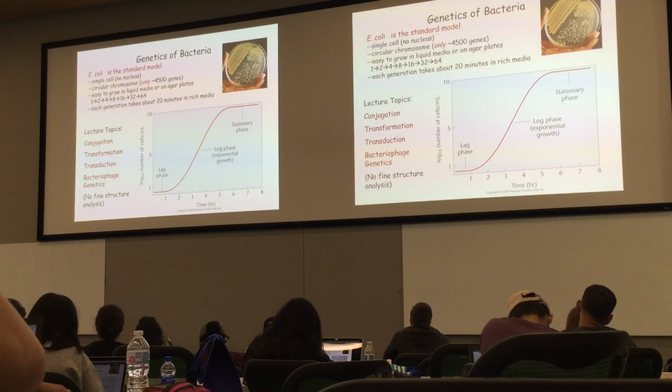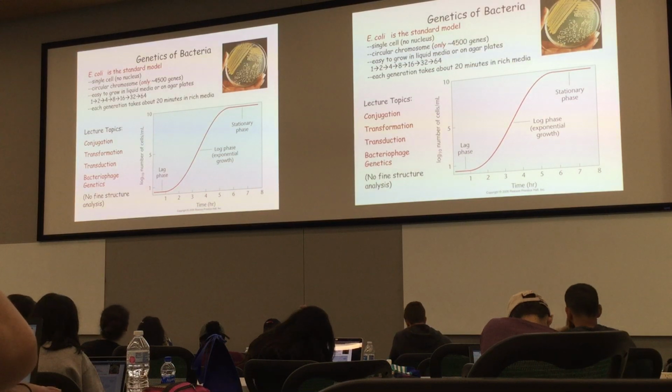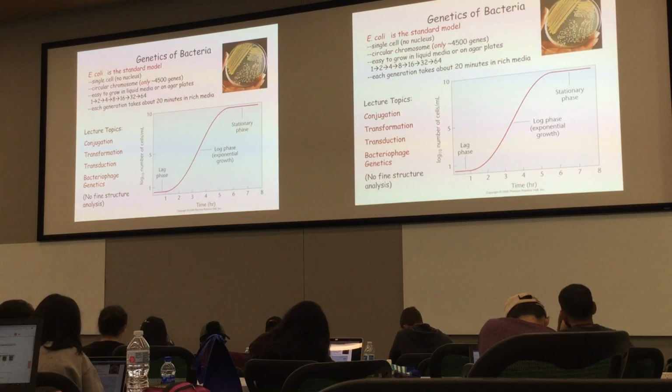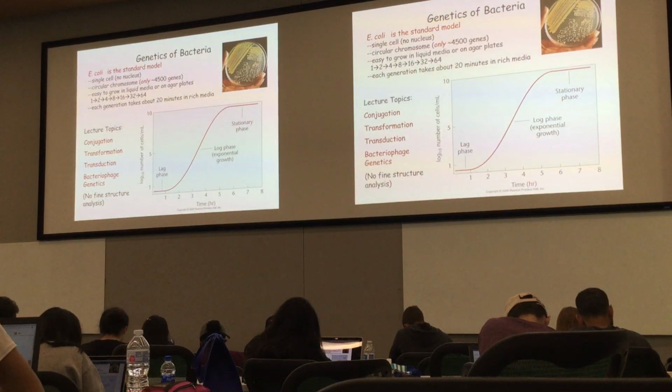But in fine structure analysis, what this guy, Seymour Benzer, did was he looked at recombination points that were very, very, very close together. So recombination that occurs even within a gene and recombination between nucleotides that are very, very close to one another. So he used recombination as a way to kind of map the structure of genes.